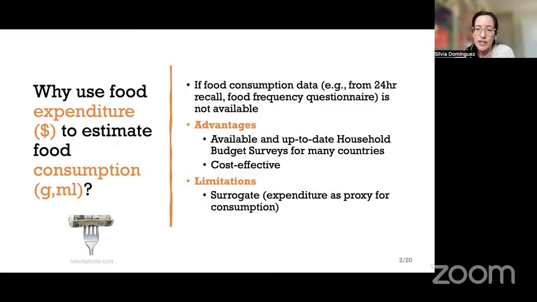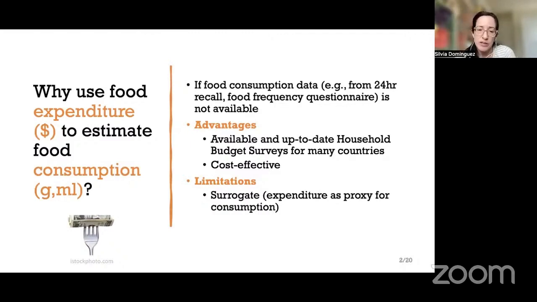But on the other hand, many countries regularly conduct household budget surveys, and these are readily available. They already have them. And we can use this expenditure data, which would be quicker, would be more cost effective than directly collecting food consumption data through the type of food consumption studies that I was mentioning before.